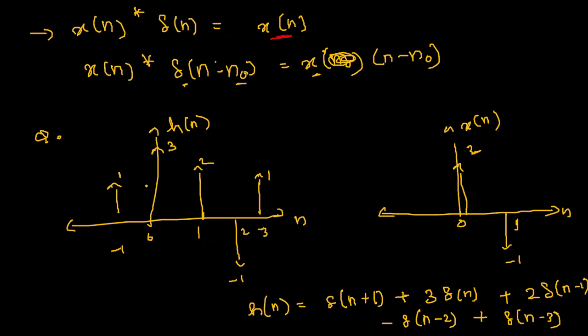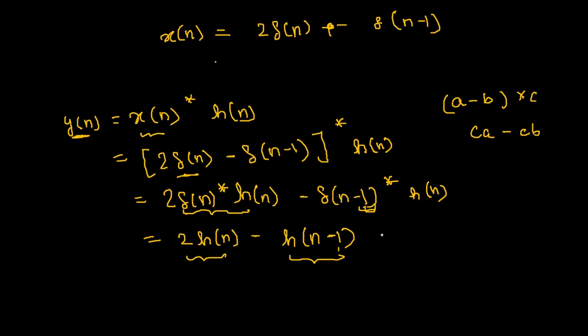So like you can see, this is the graph of h of n, right? So 2 into h of n basically means this graph will be amplitude scaled by a factor of 2. So if I have to write that, let me draw the graph here. So this is 2 into h of n.